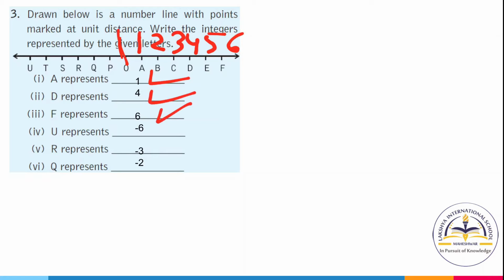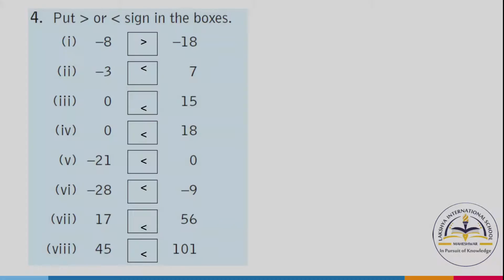Now on P it is -1, on Q it is -2, R it is -3, S it is -4, T it is -5, U it is -6. So at U it is -6, at R it is -3, Q it is -2. Like this we have to do the question.